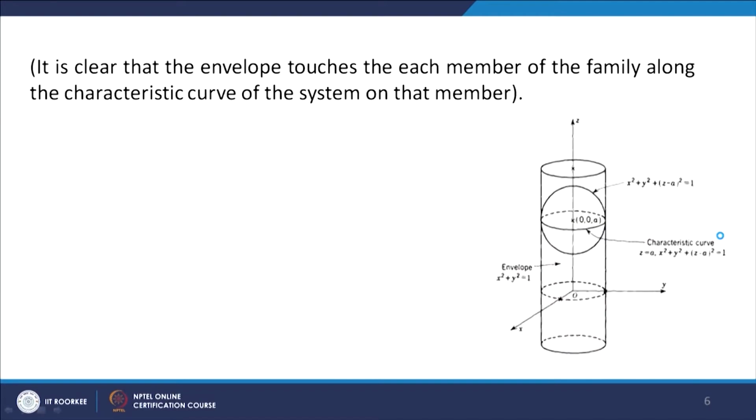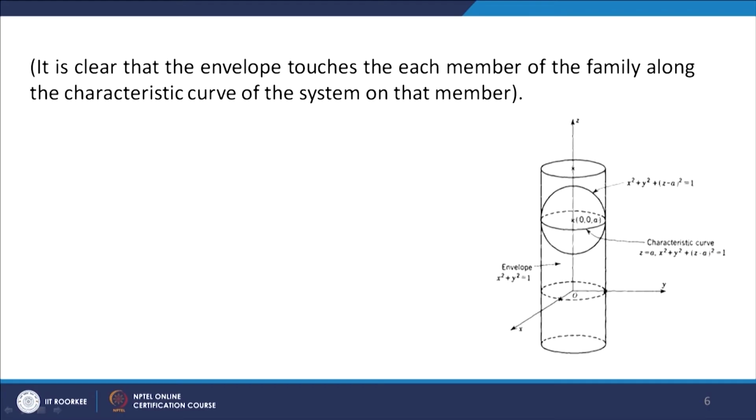So, it is clear that. Now, let us see this figure. This is your family of spheres x square plus y square plus z minus a whole square equal to 1 with center at the point 0 0 1 and having unit radius. Now, this is the characteristic curve, z equal to a, x square plus y square plus z minus a whole square equal to 1.